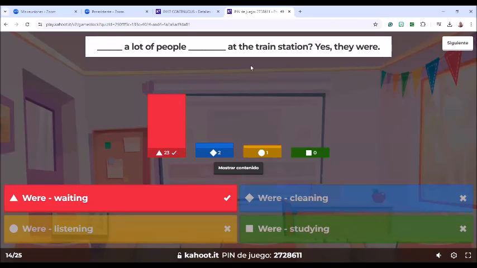People is a plural subject. That's why we use were at the beginning. Were a lot of people waiting at the train station?